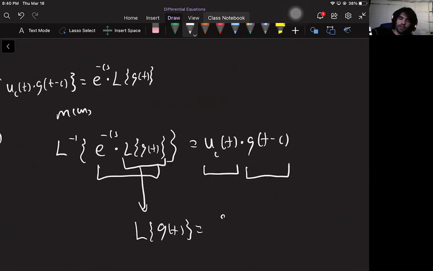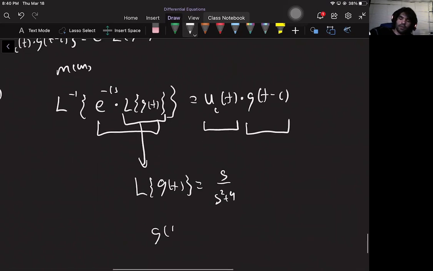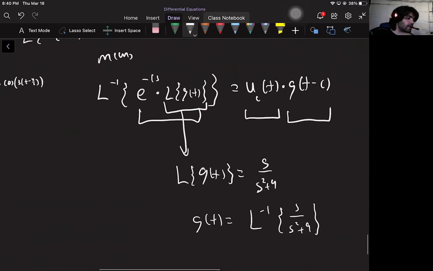So in this case, it was s over s squared plus 9. And so that is what allows us to solve for g as the inverse Laplace transform of that stuff. Okay, it just takes some practice. All right, let's do another one.